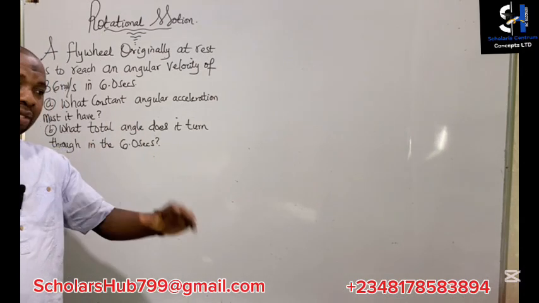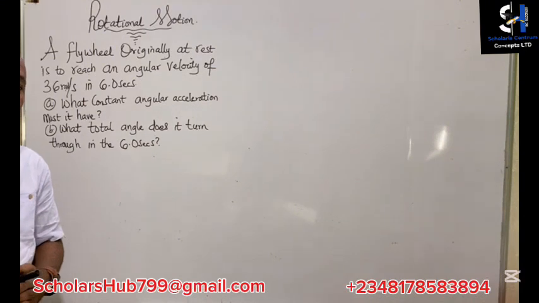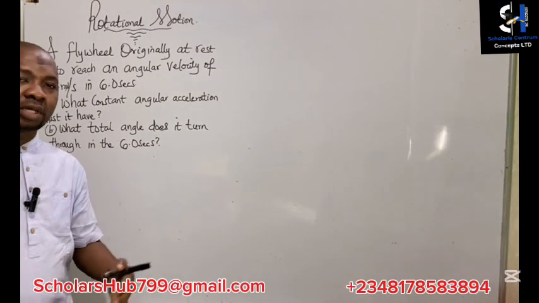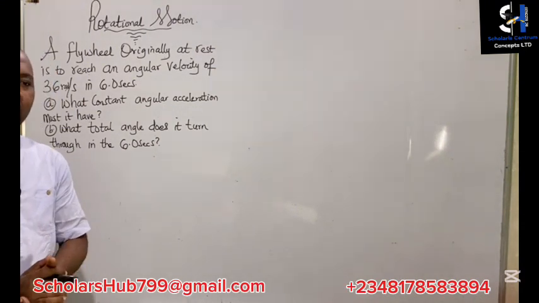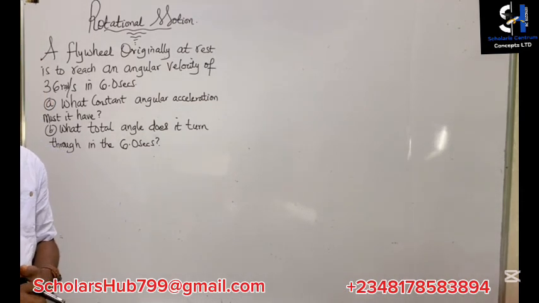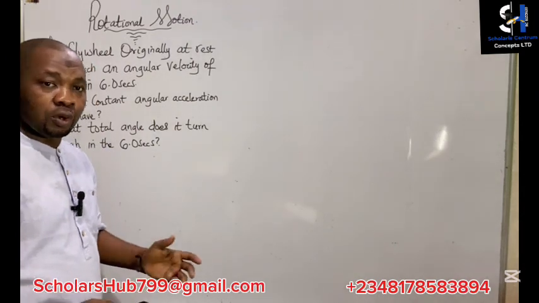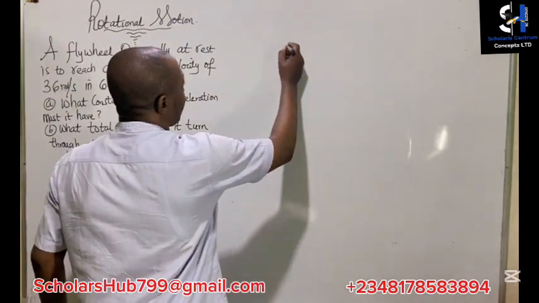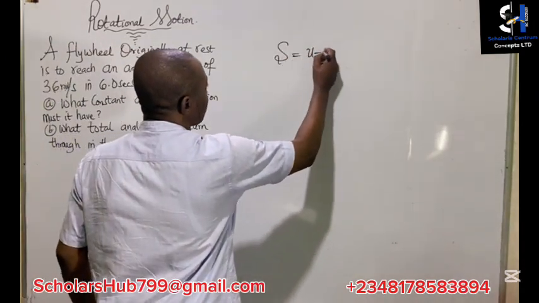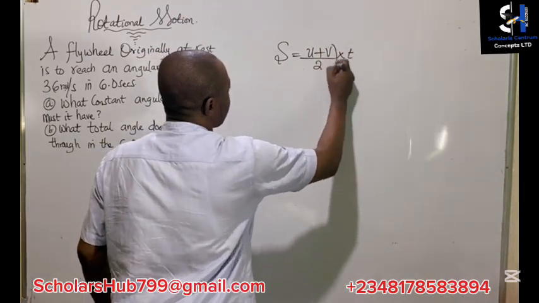There are about four essential equations of motion, even though we have more than that. But I think these four equations are the most common. We have the one for average distance, which is average velocity multiplied by time.